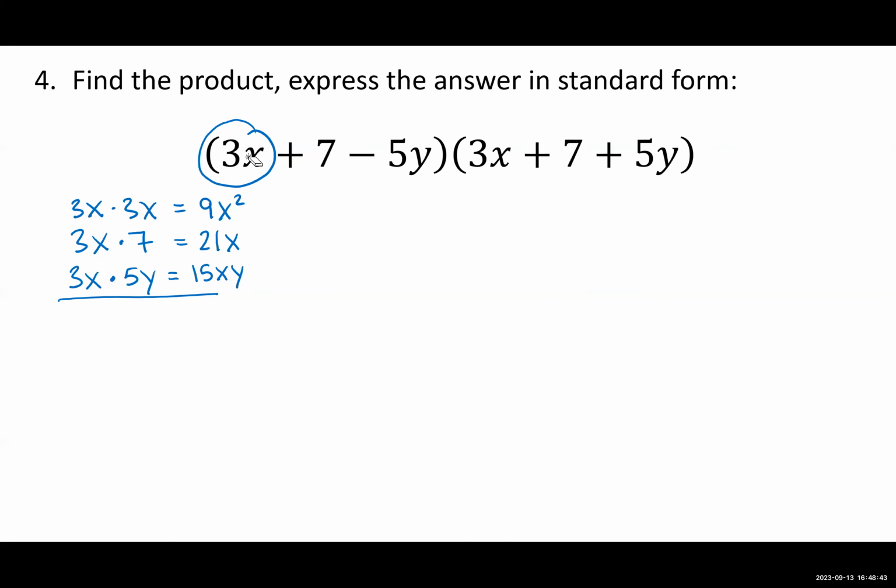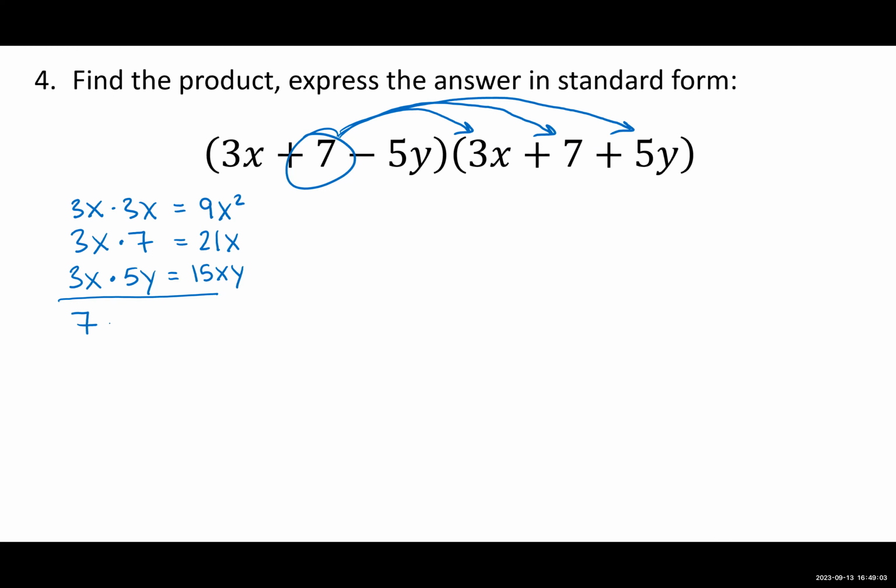Now, we move on to the 7. So we're taking a positive 7 times 3x times 7 and times 5y. So there's going to be 9 steps here, nine separate multiplications.